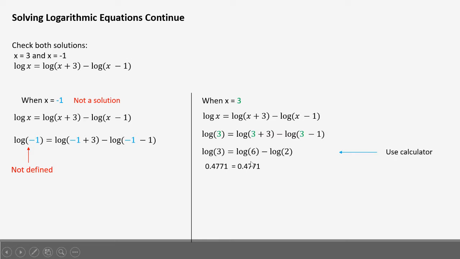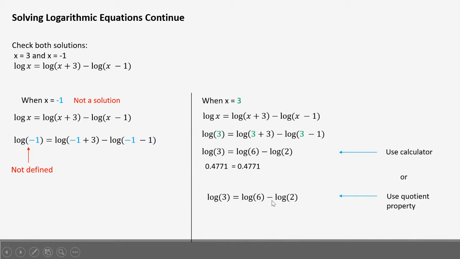Remember last week, if there's no base, what is it? Does anybody know? Yes, very good, base 10. So in most calculators, it only uses base 10. There's some newer, more advanced ones where you can actually put the base, but in most calculators, you cannot use anything else but base 10. Or we can do it by hand.